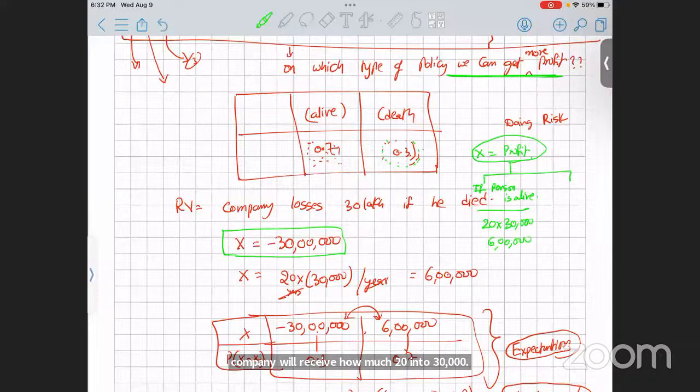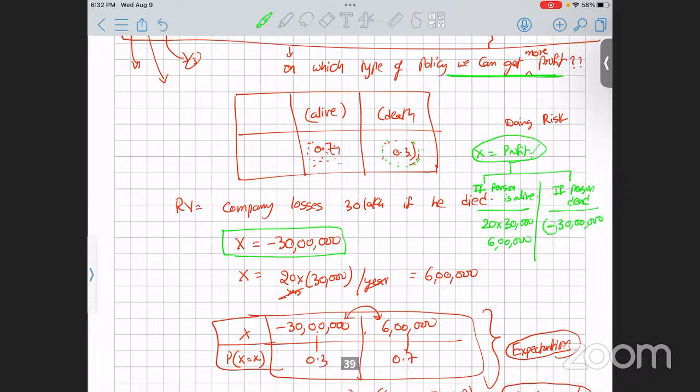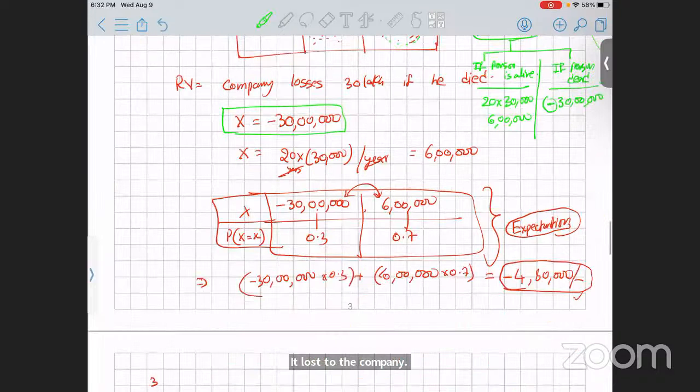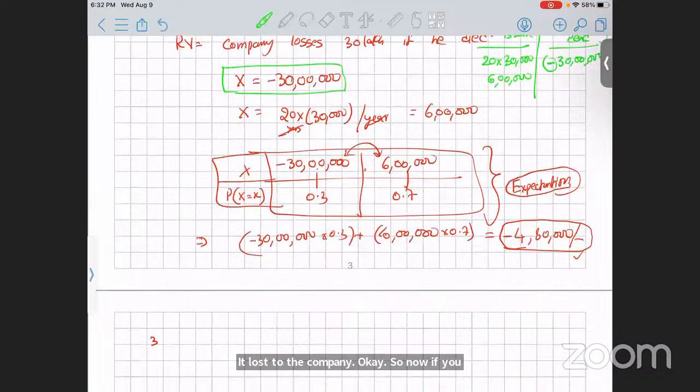If the person is dead, the company has to pay 30 lakhs. It is minus because we selected profit. It is not profit, it is a loss to the company. The company is giving to the client. So if you draw a table, minus 30 lakhs has probability 0.3, and 6 lakhs has probability 0.7.